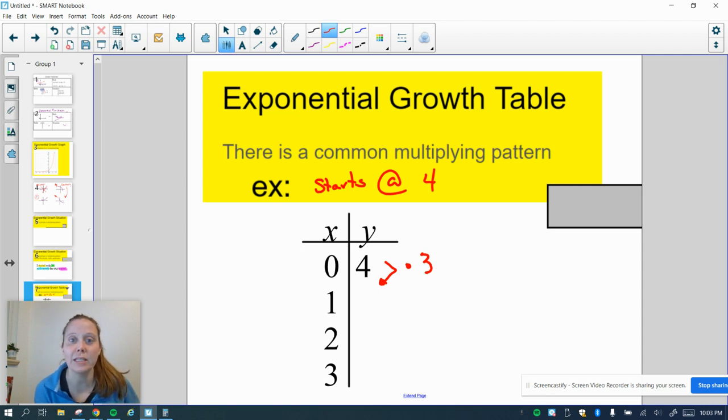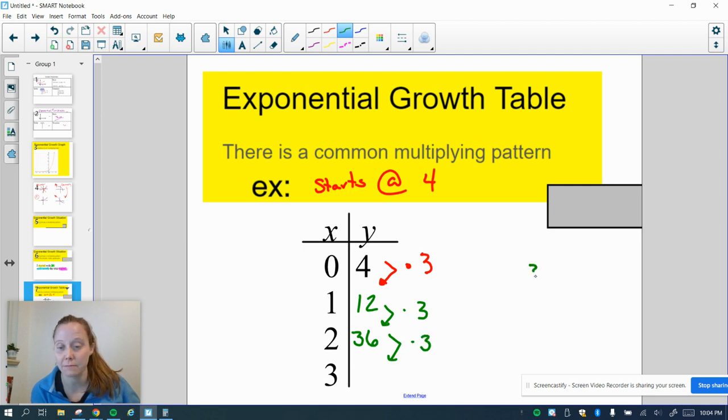Can you complete the rest of the table? Perfect. If we do 4 times 3, we're going to get 12. We're going to keep that multiplying pattern going. 12 times 3 is 36. 36 times 3 is 108. So we started at 4, but our multiplying pattern was times 3.